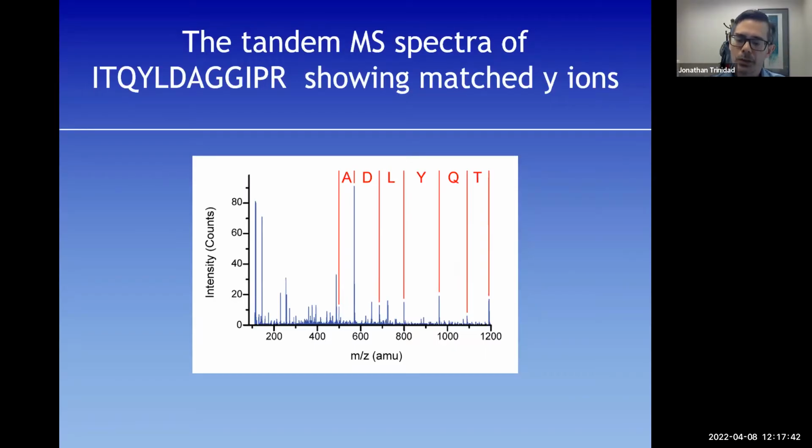And so what we would do, here's an example of, for example, the Y-ion series that was matched by the algorithm. But what the algorithm really does is it takes the protein database, let's say this is human, 21,000 or so proteins, and we tell the computer what we digested with, so trypsin. So it creates an electronic copy of all the potential peptides that could have been generated from a tryptic digest of the human proteome.